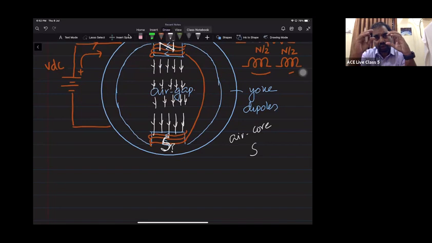Those are called induced poles. The best example is from your school days, when you bring a magnet closer to iron filings, and the filings act as a magnet. That formation we call induced poles. But in the other case, if I don't have any magnet and I produce it with the help of a current carrying coil, we call it an electromagnet.